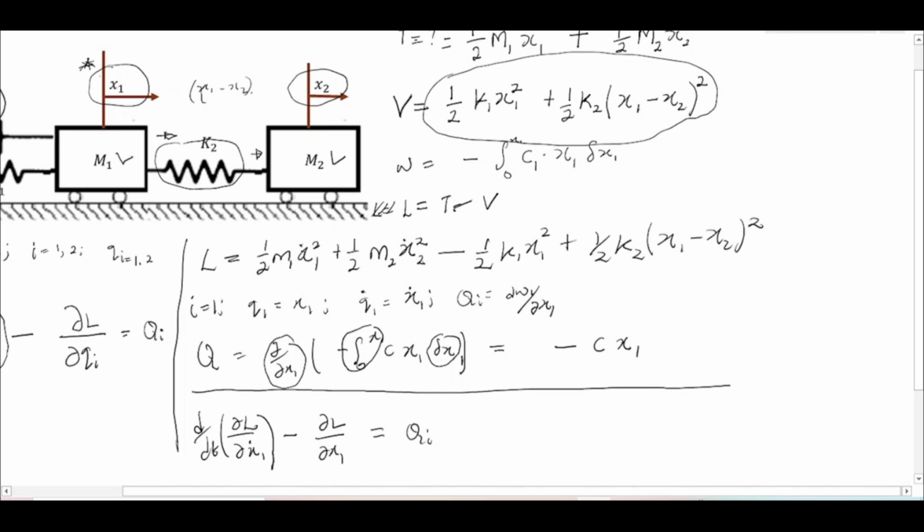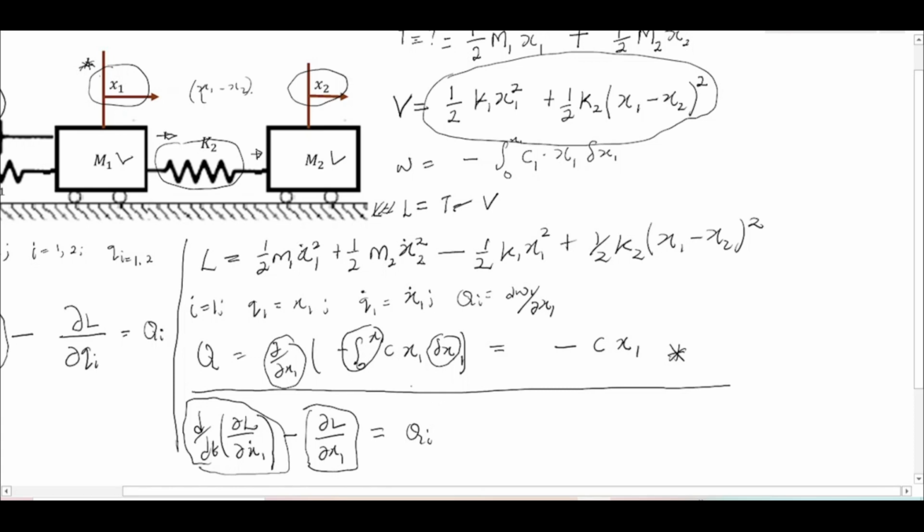We've already gotten Qi from our equation here, so the other terms we need to look for are this first term of the equation and this other term of the equation.